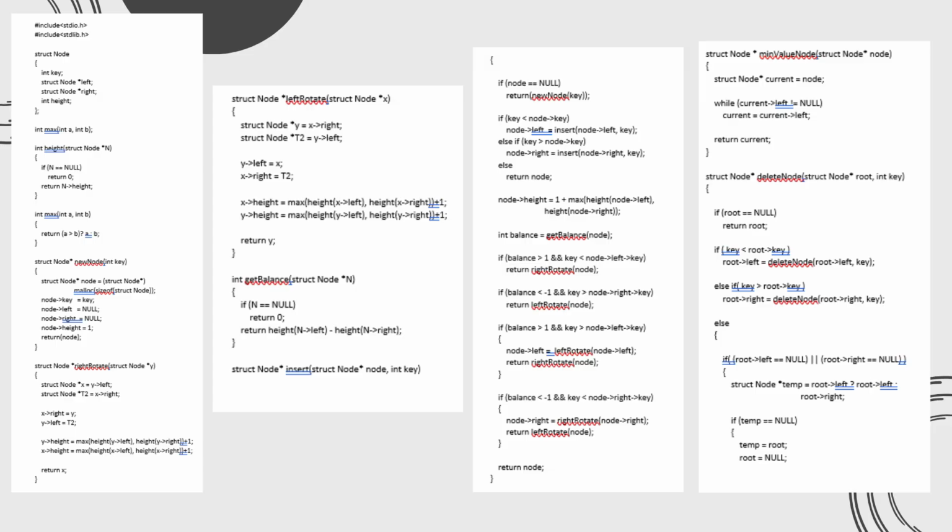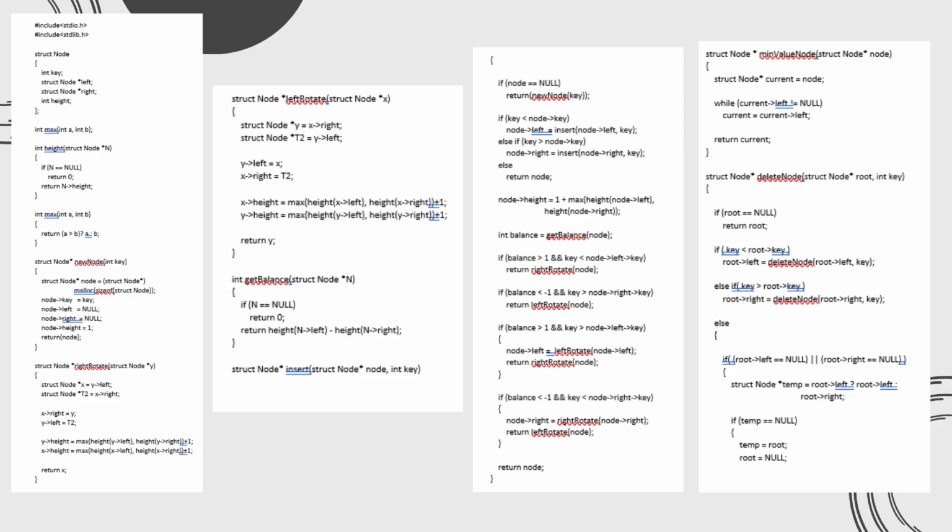Gigamit ni siya sa pag-compute sa height sa usa ka node. So ang new node function mao niyang responsible sa pag-create og bag-ong node. Dinhi gi-allocate ang memory gamit ang malloc. Ang key gi-assign sa node ug ang left ug right pointers gi-set ngadto sa null.